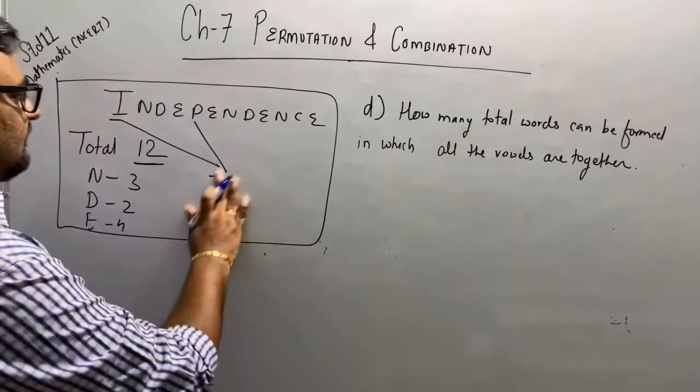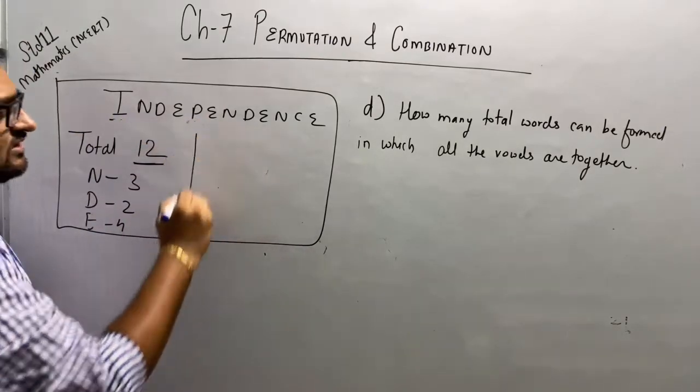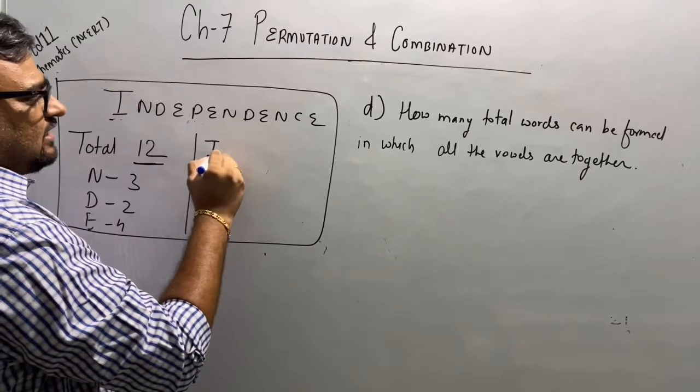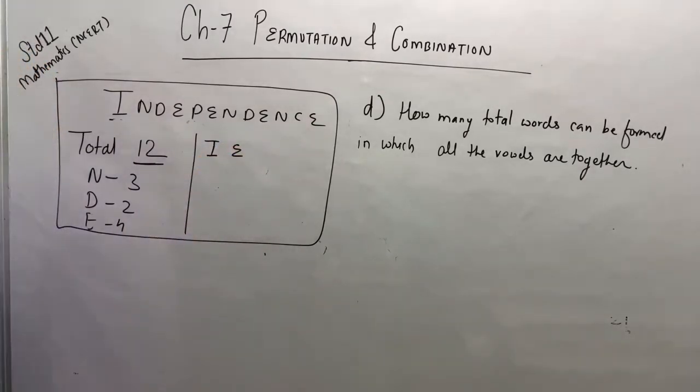Now see, just see how many vowels are there here. I, E, okay, two vowels are there. I and E. There are two vowels given here.